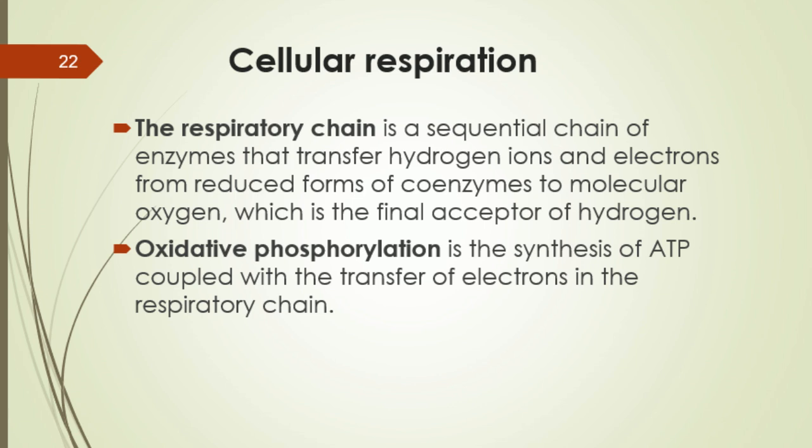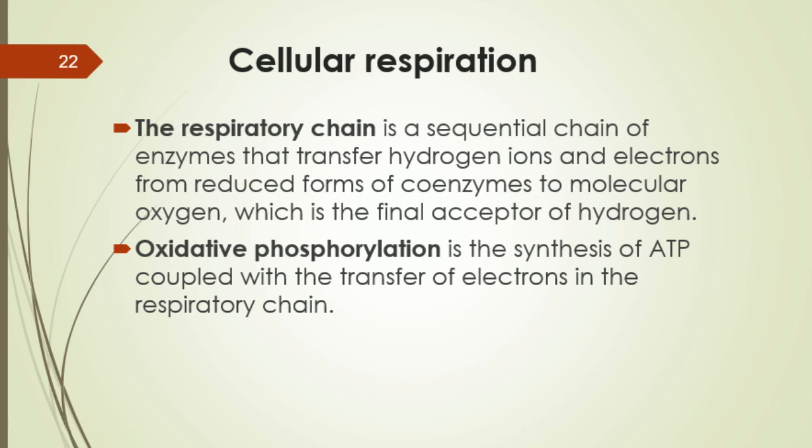Thus, in the reactions of the common pathway of catabolism, oxidation of substrates occurs with formation of reduced coenzymes, NADH and FADH2. The respiratory chain is a sequential chain of enzymes that transfer hydrogen ions and electrons from reduced forms of coenzymes to molecular oxygen, which is the final acceptor of hydrogen.